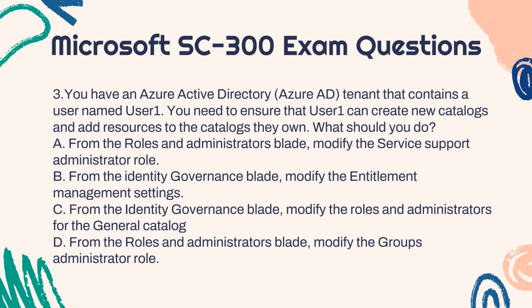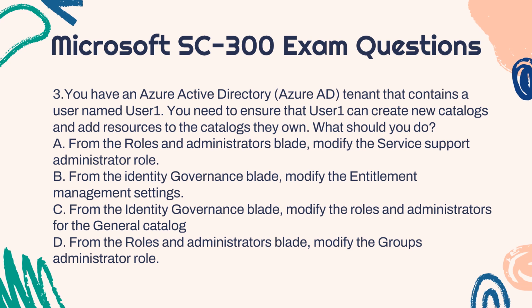3. You have an Azure Active Directory, Azure AD tenant that contains a user named User1. You need to ensure that User1 can create new catalogs and add resources to the catalogs they own. What should you do? A. From the Roles and Administrators blade, modify the Service Support Administrator role.